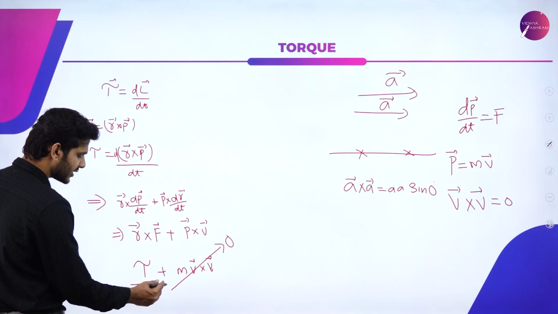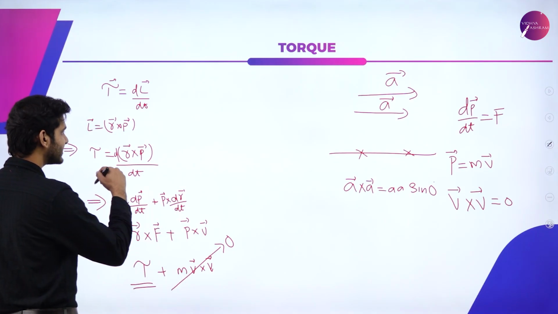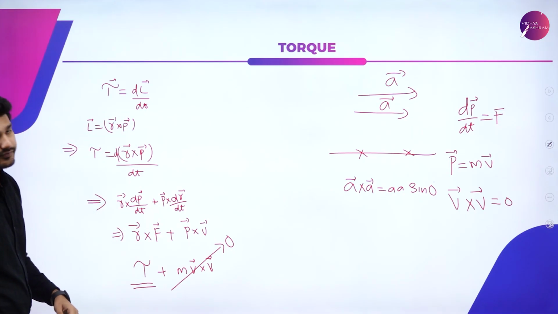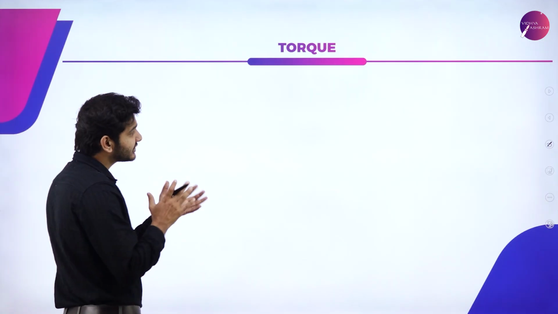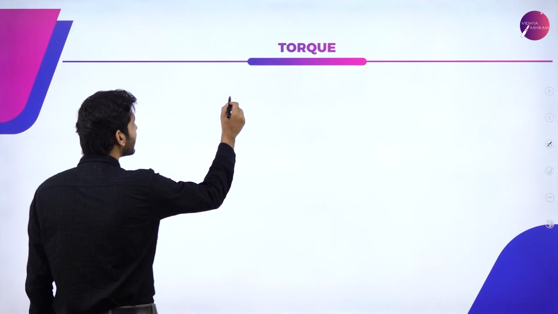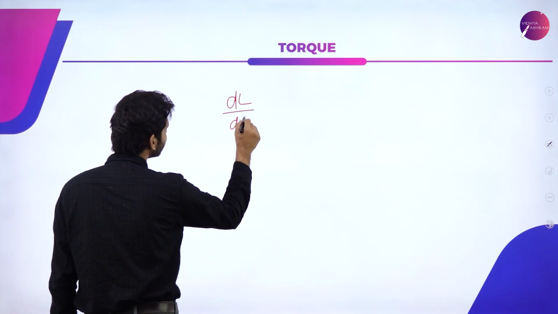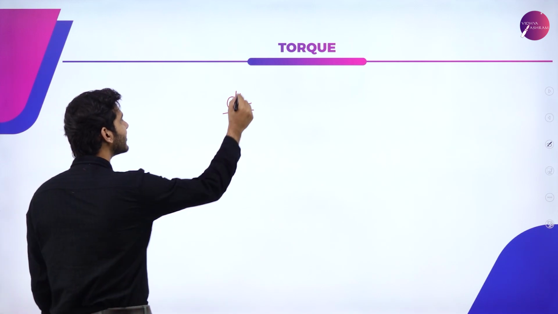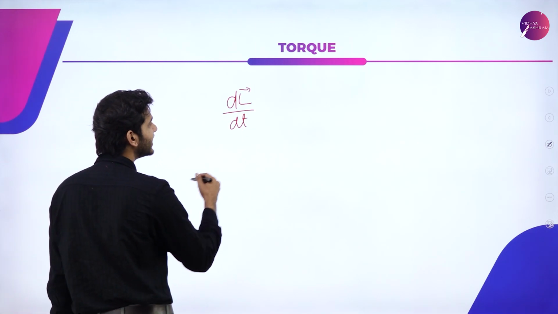And the only remaining quantity is tau. The real way to do this derivation is that we start from dL by dt, since we don't know the rate of change of angular momentum. What is L?